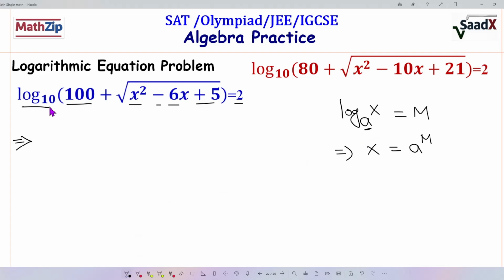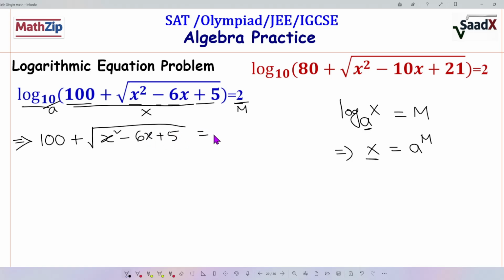Here 10 is our base, which is a, this expression is x, and 2 is m. So 100 plus root over x square minus 6x plus 5 equals a to the power m. It means 10 to the power 2, right?